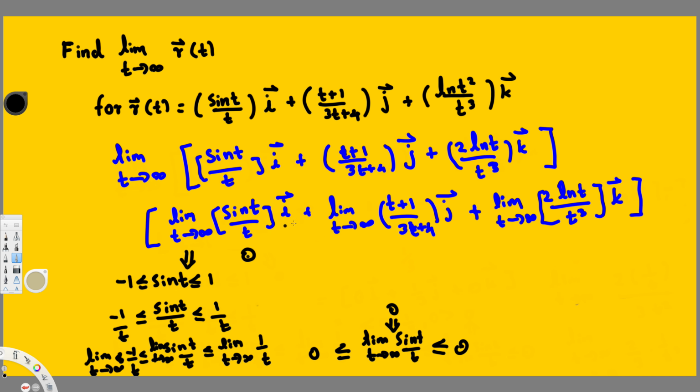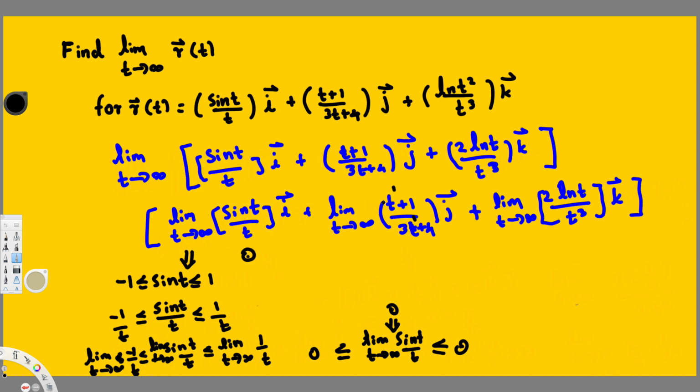So this is 0i, and the next one is the limit as t approaches infinity of t plus 1 over 3t plus 4. If you substitute infinity, that's going to be infinity over infinity. So you can do L'Hopital's rule for this one, but the easiest method here is when you have the same power. Here we have t to the power 1, right?